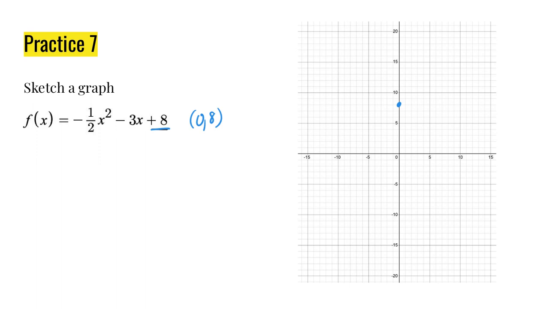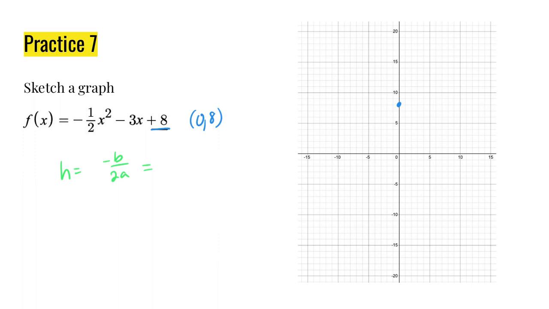But I also want to use kind of a shortcut to find the vertex that I've told you about before, where negative b over 2a is going to give me the x value of the vertex. So that's my h value right there. By the way, this can be really helpful in trying to complete the square and write it in vertex form as well.